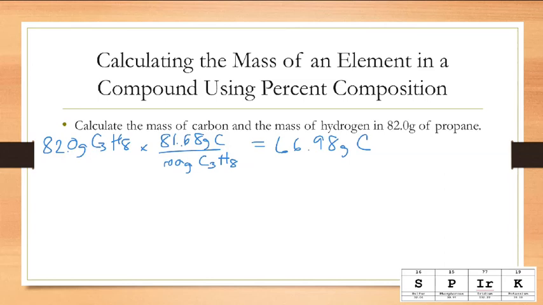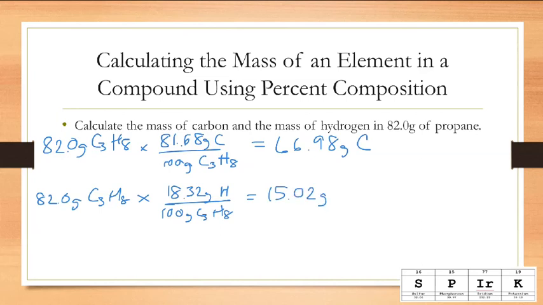And when we do the same thing for our hydrogen, 18.32 grams of hydrogen in a 100 gram sample of C3H8, we get 15.02 grams of hydrogen. Now, if we look at these two numbers and add them together, they add up to our 82.0 gram sample.